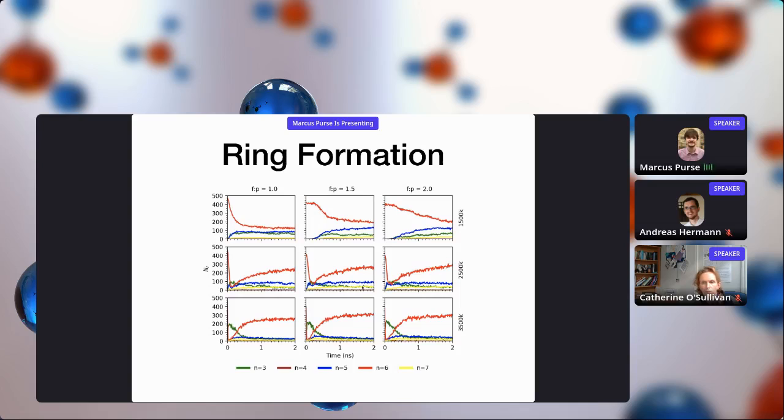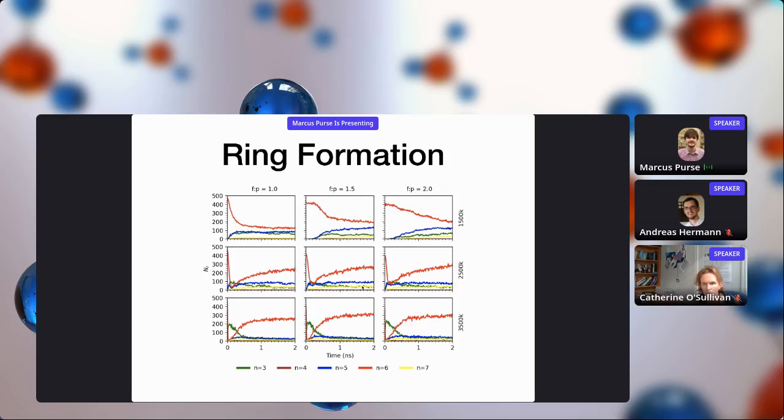You can see at low temperatures, at 1,500 Kelvin, with a phenol to formaldehyde ratio of 1, you see a lot more ring opening than you do at 1.5 or 2, but at higher temperatures this seems to make less of a difference. Once most of the initial rings have opened, you then start to see the number of 6-membered rings rising again, and this directly relates to the formation of the graphitic sheets.